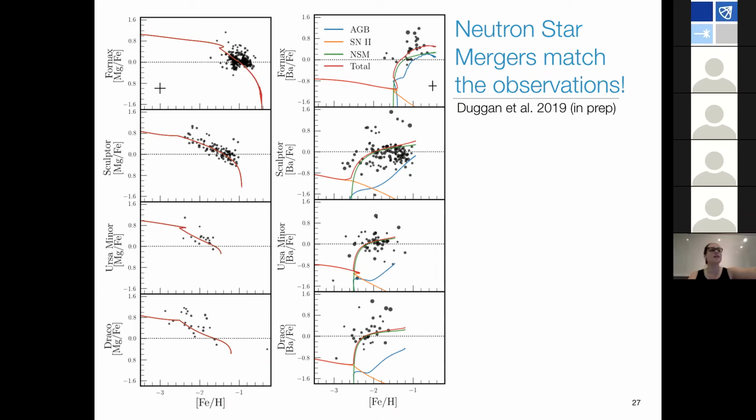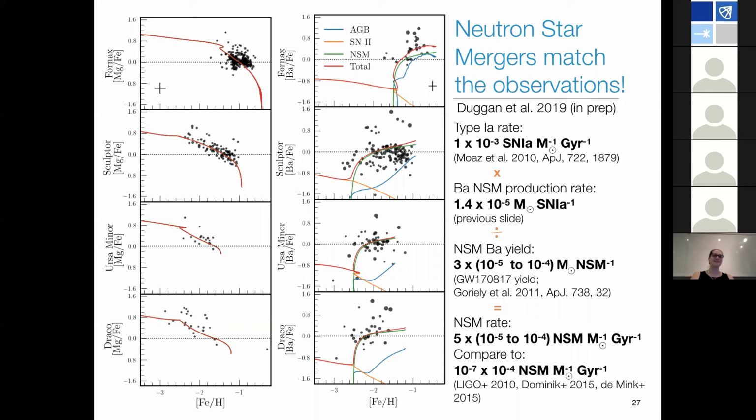It also intuitively makes a lot of sense that Fornax would be more dominated by AGB stars because it has the largest period of star formation of any of these galaxies by a very large amount. And we see this rise at very high metallicities for dwarf galaxies, which we did expect was from AGB stars. And so that's a good check.